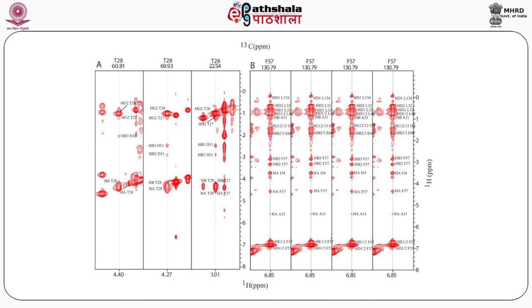We have HA, we have HB and HG protons also, and now these protons give NOEs with different others, so that we have short range and long range. For example, we can see that in the third strip for T28, there is the NOE correlation of this with HB3 and HB2 of residue D51.